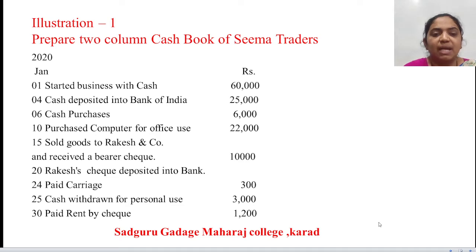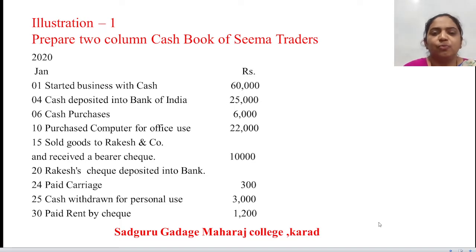Sold goods to Rakesh and Company and received a bearer check 10,000. 20. Rakesh check deposited into the bank. So the 15th and 20th dates are going to come together only. 24. Paid carriage 300. 25. Cash withdrawn for personal use 3,000. And date 30. Paid rent by check 1,200.